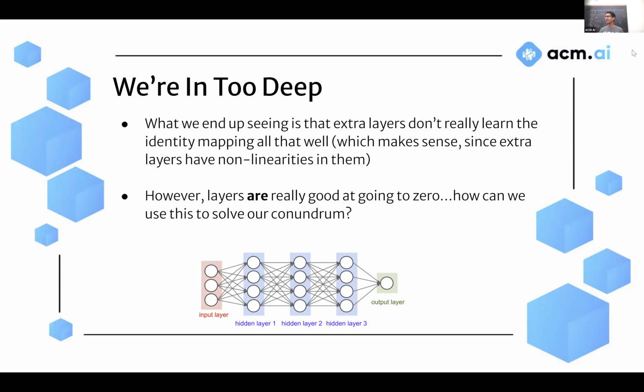So does anyone have any ideas on how we can use this property that we can't learn the identity mapping really well, but we can go to 0 really well? Does anyone have an idea on how we can use this property of going to 0 to simulate the identity mapping? And this is a bit of a leap, so I wouldn't blame you if you can't think of it, but give it a thought for a couple seconds.